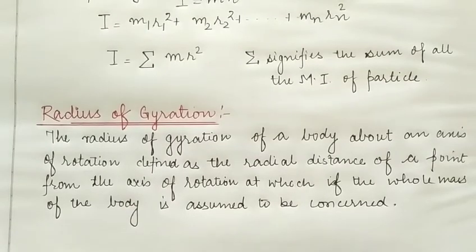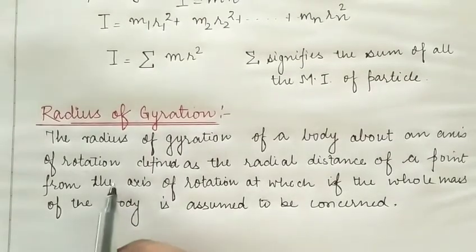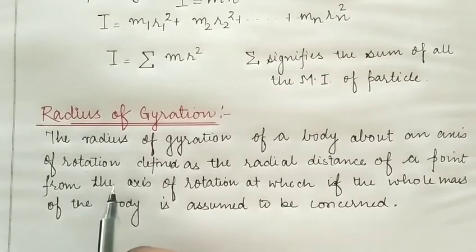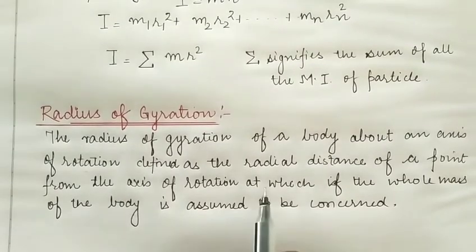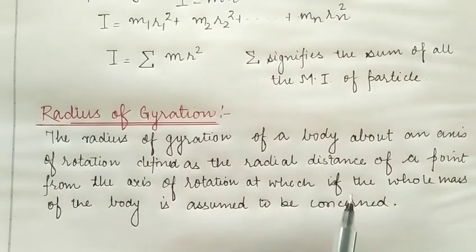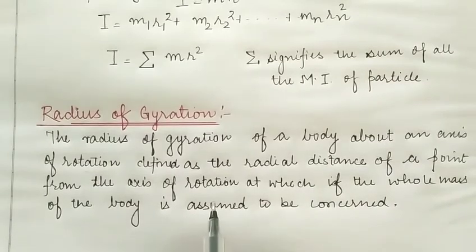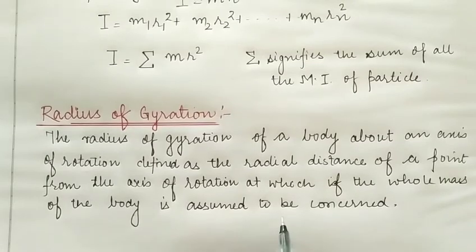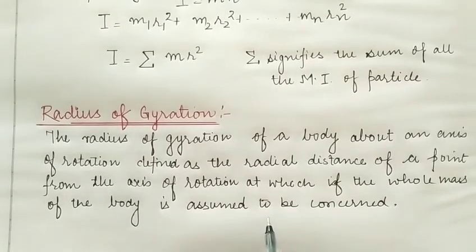Okay students, what does this statement tell us? Let's elaborate. The radius of gyration is a fixed radial distance from the axis of rotation at which we can consider the whole mass of the body to be concentrated.